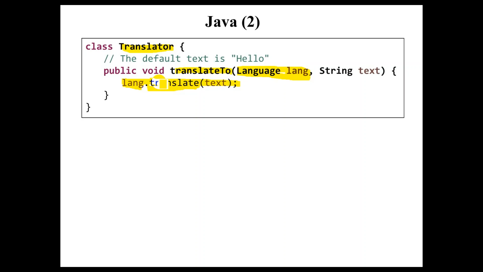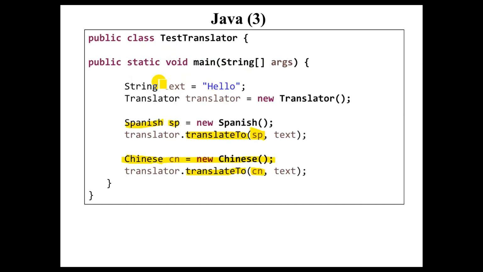So this is the simplicity of this implementation. As many modules or classes as we add, we don't need to make any modification in the translator class or in any other class, I should say in the main or the central class. You can see that here.